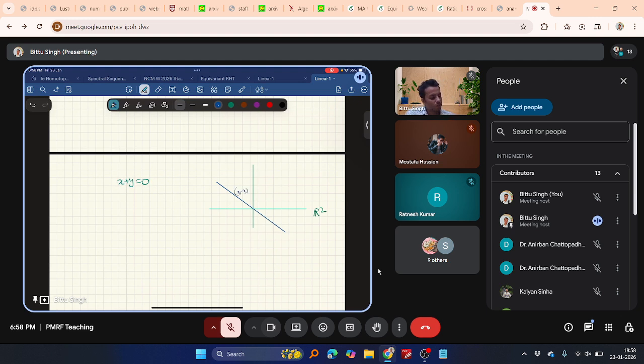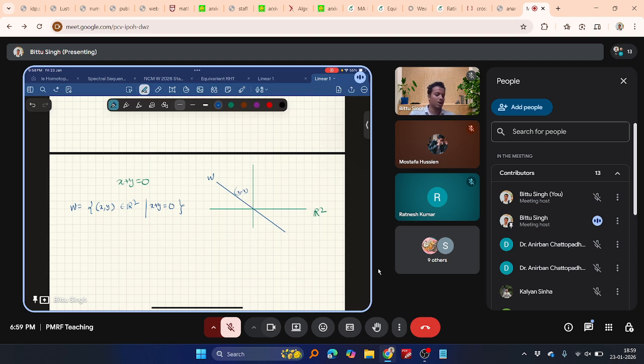Let me denote this line by W. So W can be written as all (x, y) belonging to R2 with the relation x plus y equal to 0. Then we can check that W itself is a vector space.